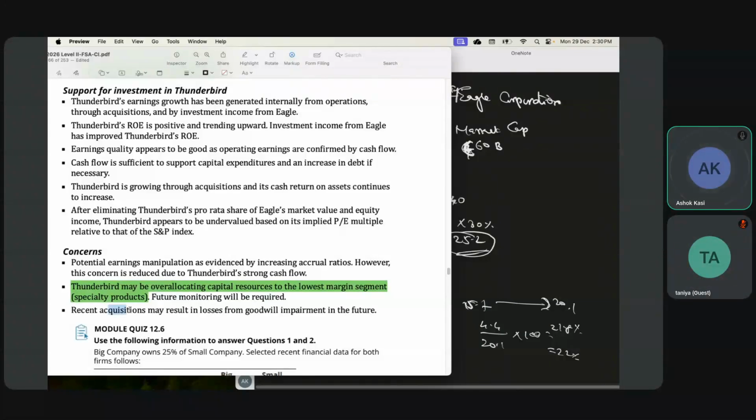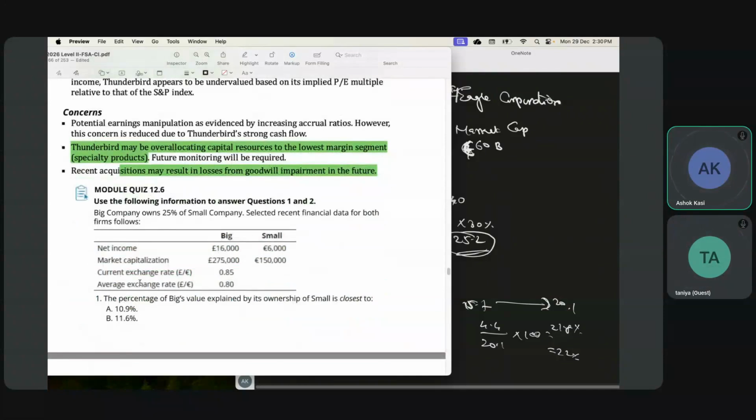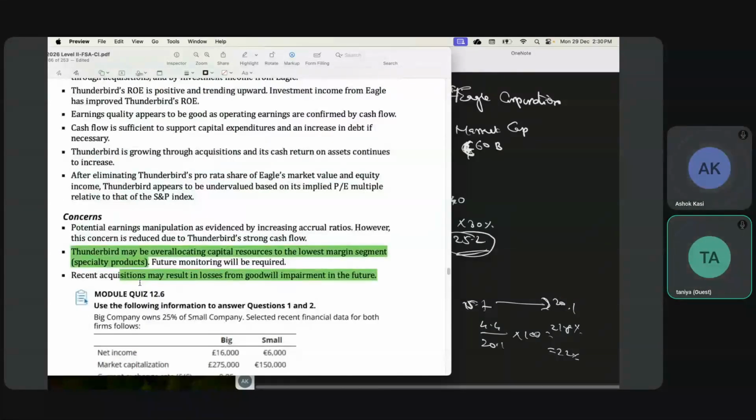And then more impairment may happen in future, so that may bring down the profits. We are saying more impairment will happen because they are acquiring more. So there will be more goodwill, so more impairment will happen.